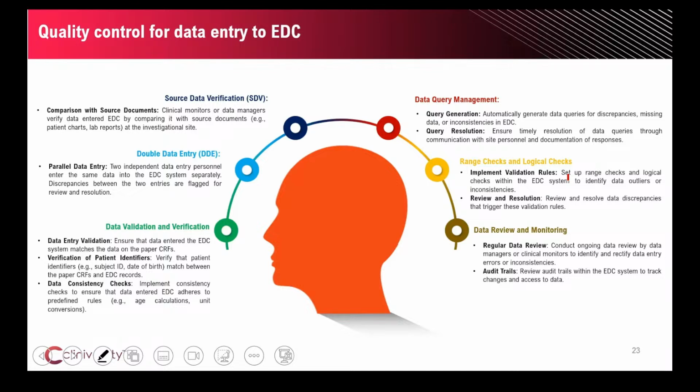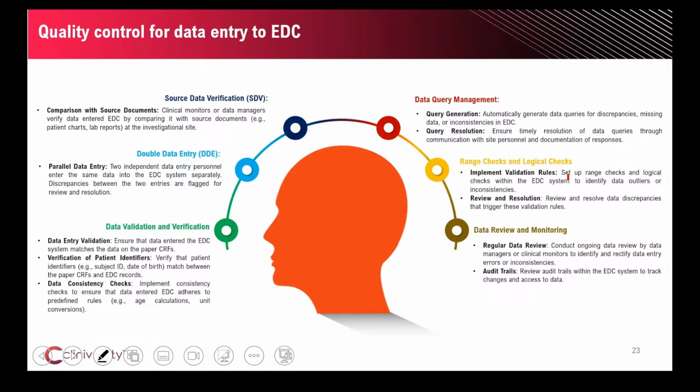Now, here are some of the quality control processes for transitioning from paper data entry to electronic data entry. And these are crucial for data accuracy, consistency, and integrity.